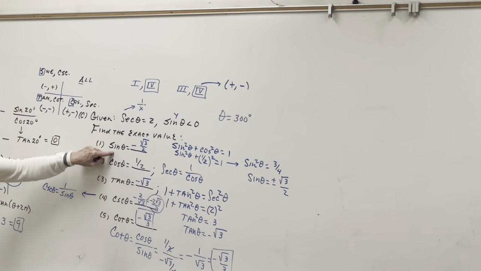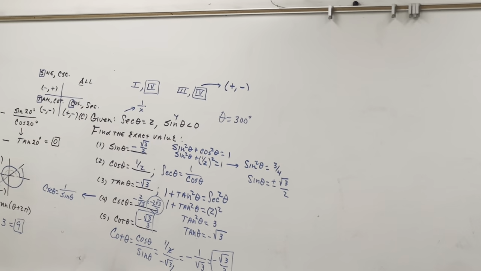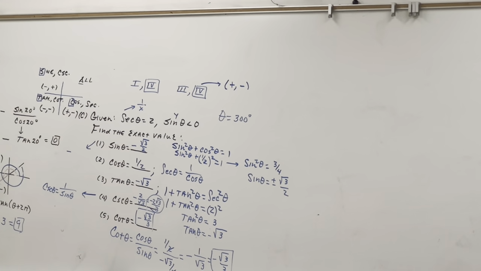Find sine of, he thinks it's 300. Find sine of 300 for me. See what that calculator shows. It's the same. -√3/2. Negative root, it's the same. Since you have the calculator, can you find cosecant for me? 300.